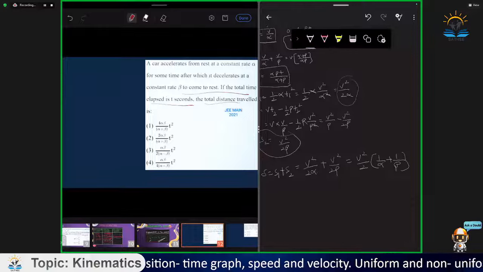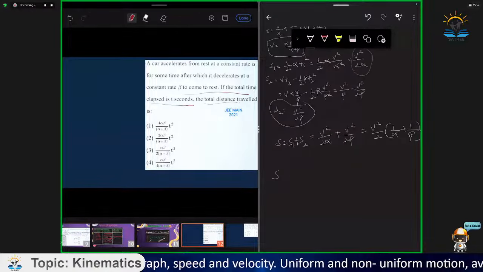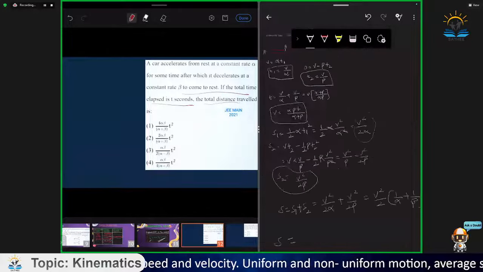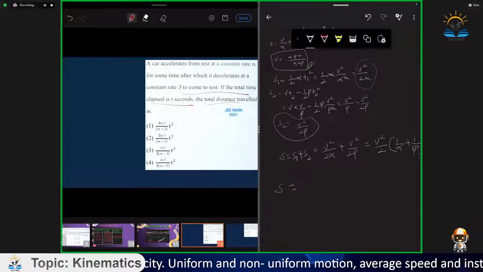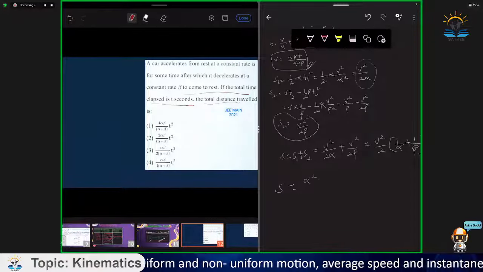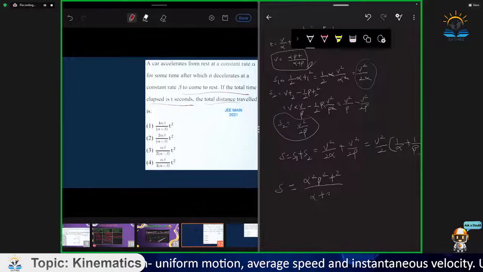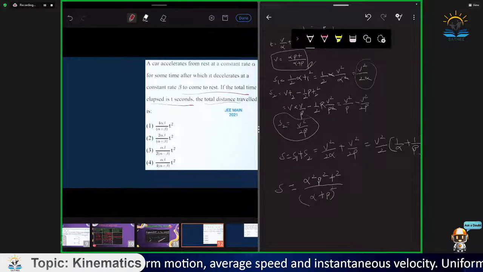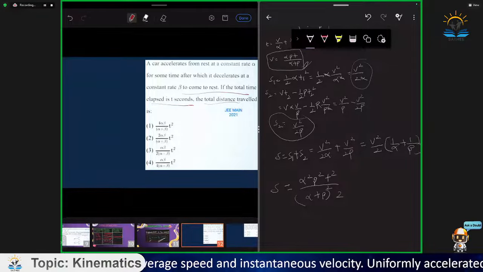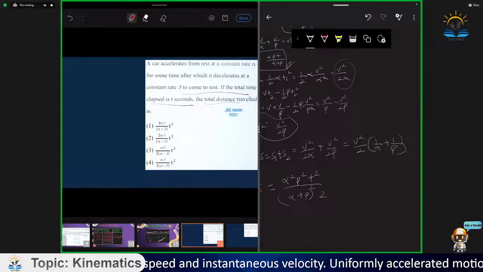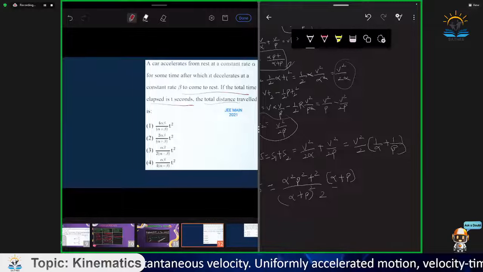Okay. So S is equal to... we have an equation for velocity in terms of time, alpha beta t. So you have to equate that equation here. So alpha square beta square t square, alpha plus beta whole square, into 2, into alpha plus beta by alpha into beta.